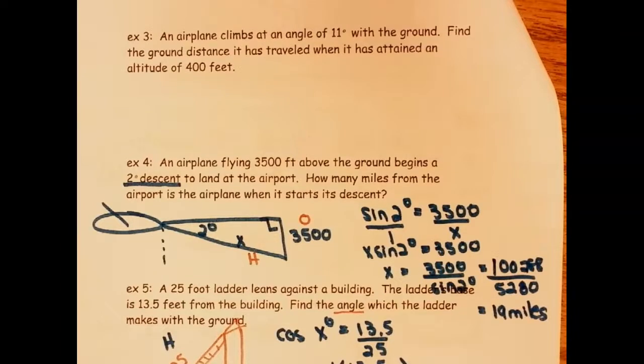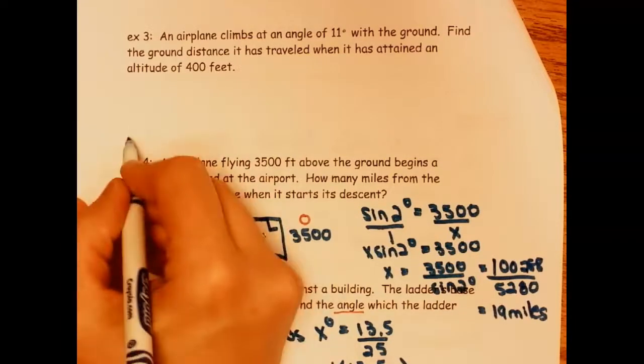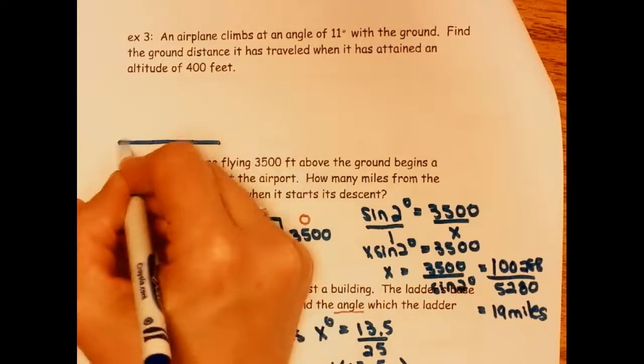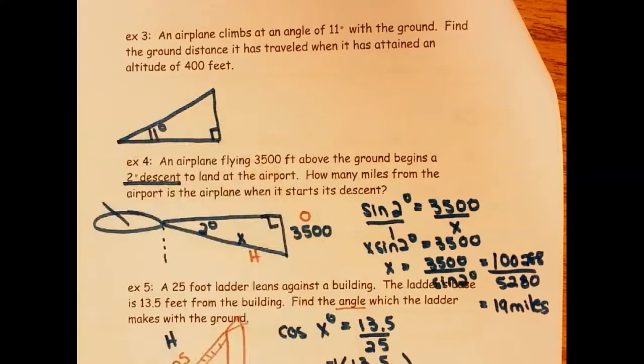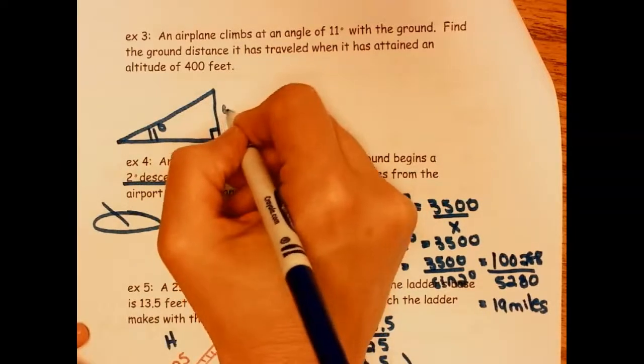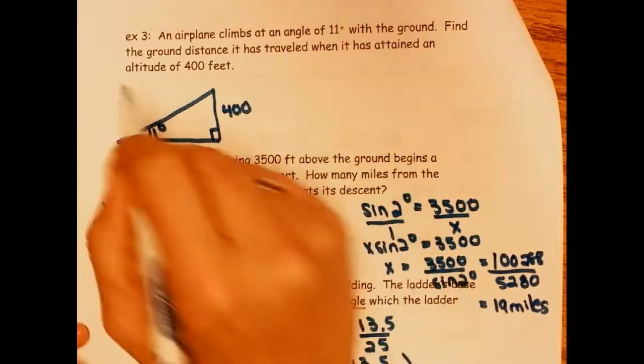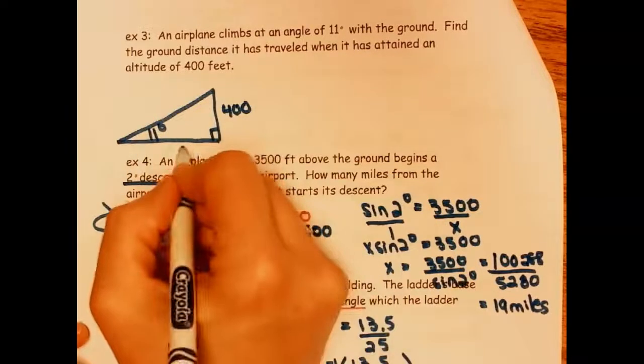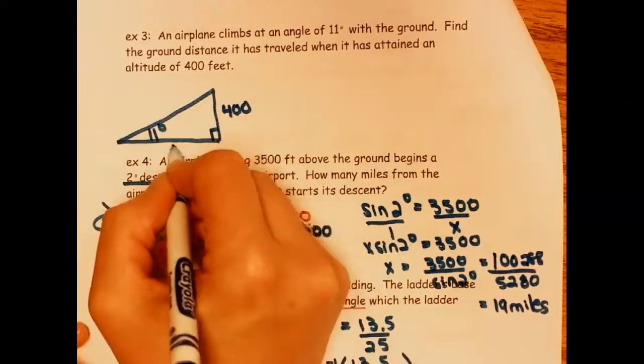Okay, last one is kind of the flip of what we were doing. This one is climbing at an angle, so that would imply angle of elevation. So we're looking out, we're looking up. This is 11 degrees. It has an altitude of 400 feet. So that would be the distance off the ground here, and we want to find the ground distance, so that means we're looking for this distance right here.